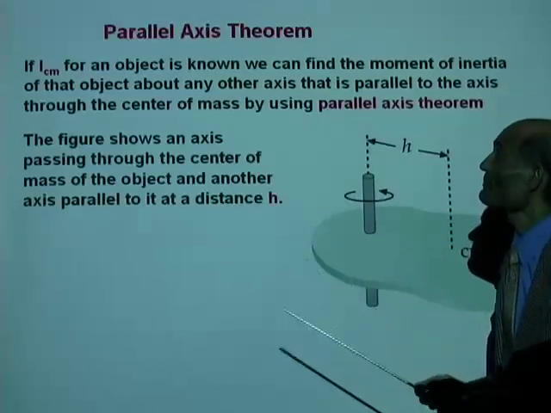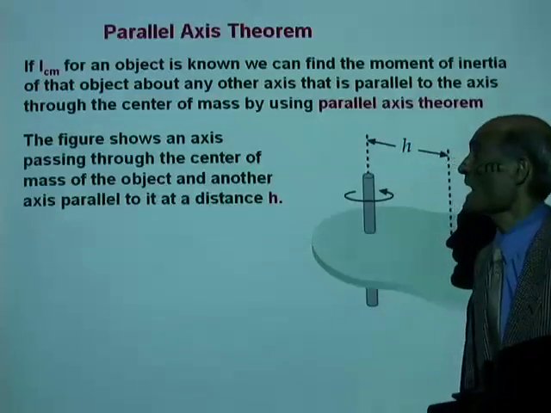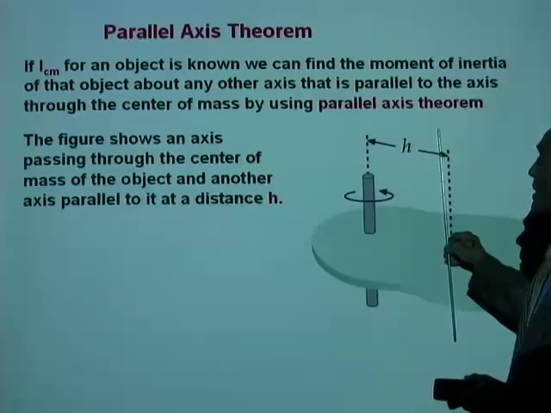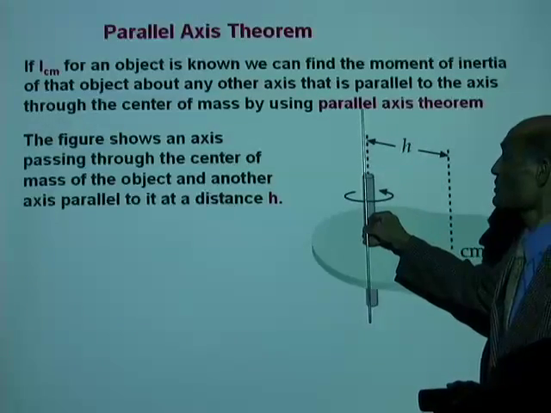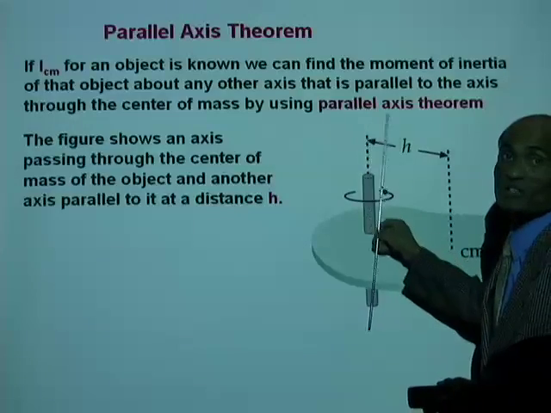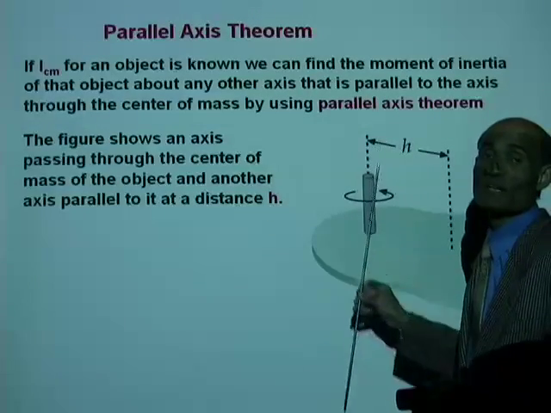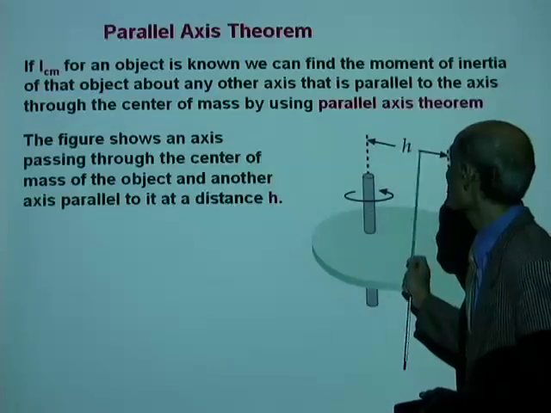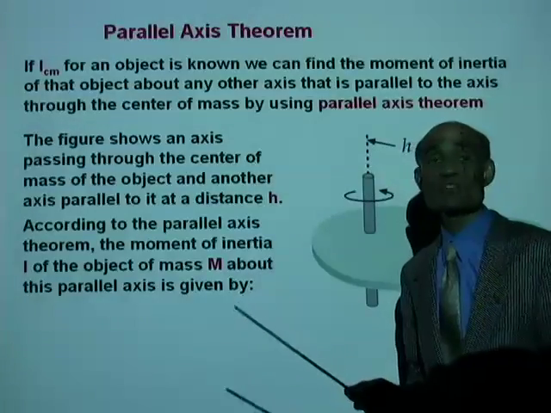So the figure shows an axis passing through the center of mass of the object and another axis that passes at a distance h from it. So the distance between the two axes is h.